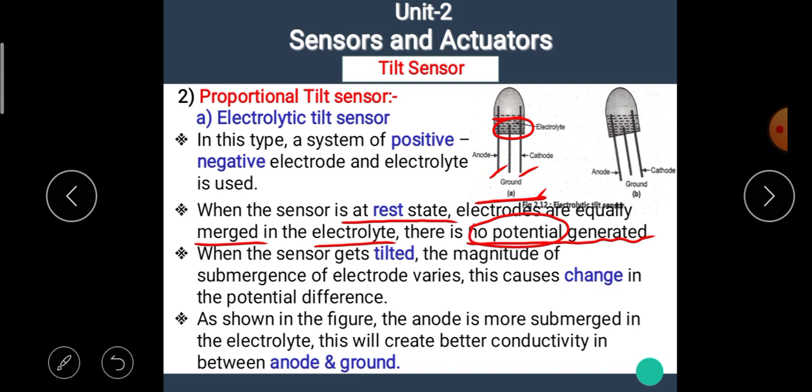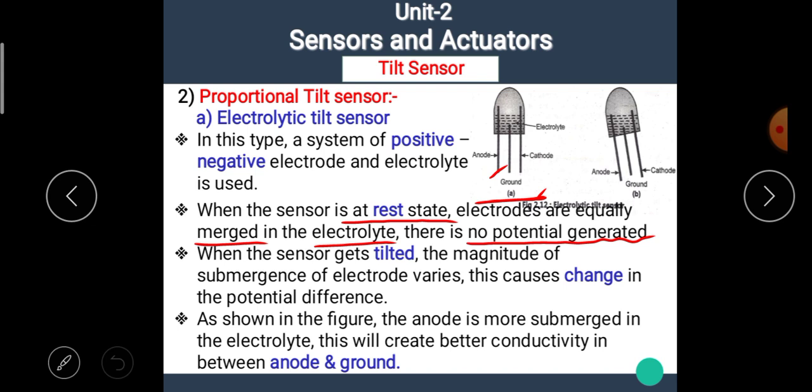But when the sensor gets tilted, the magnitude of submergence of the electrodes varies. This causes a change in the potential difference. As shown in the figure, the anode is more submerged in the electrolyte. This will create better conductivity between anode and ground.